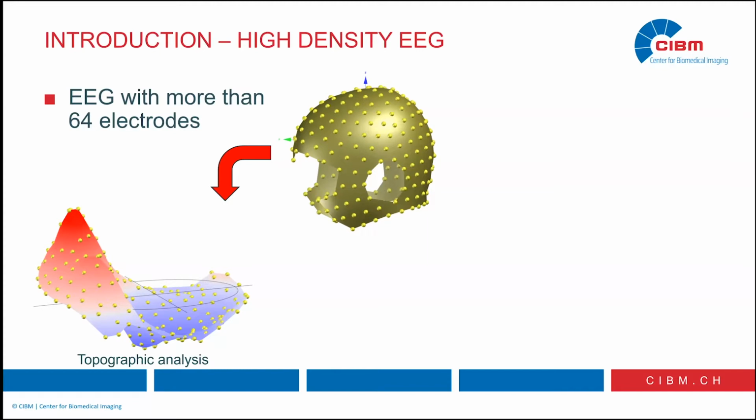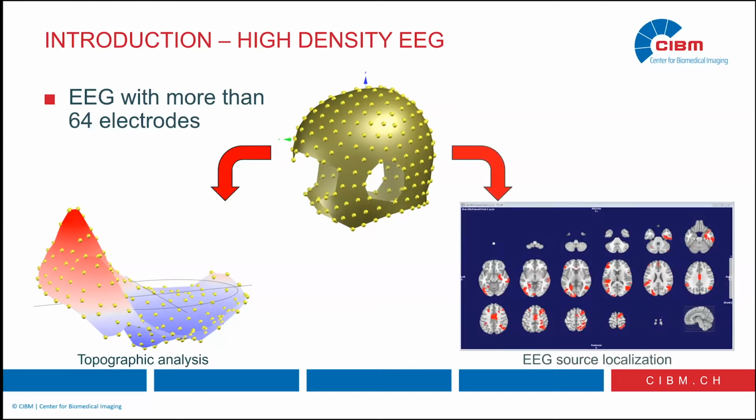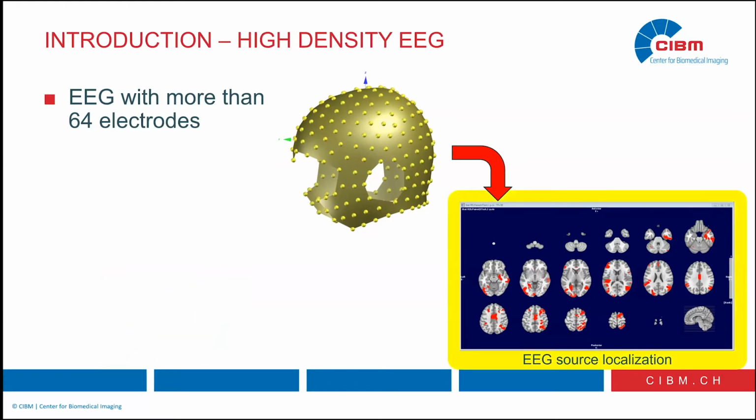One thing, for example, is topographic analysis, where you look at the whole brain, the whole EEG as a template. Or another thing we can do is EEG source localization. You can recompute what's inside the brain. And that's the talk about today.